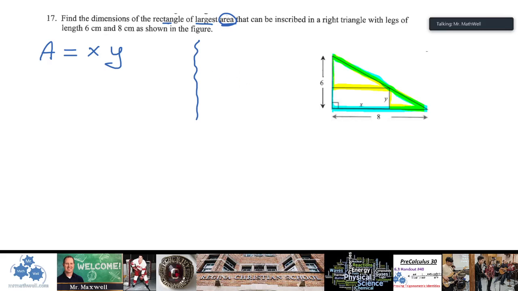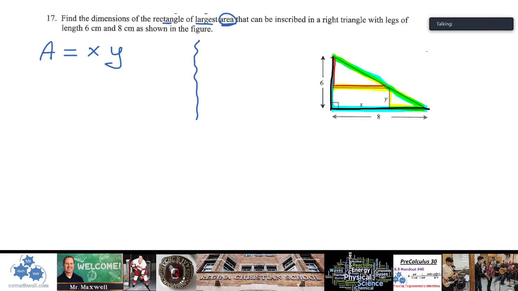So what you want to do is set up a relationship that looks like this. This triangle right here, the relationship between this side and this side should be similar to the relationship between, and I'm going to pick this one, this triangle, this side and this side. So we have a ratio that we can set up.